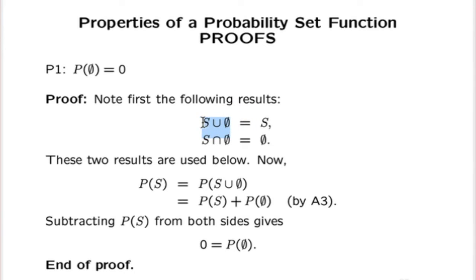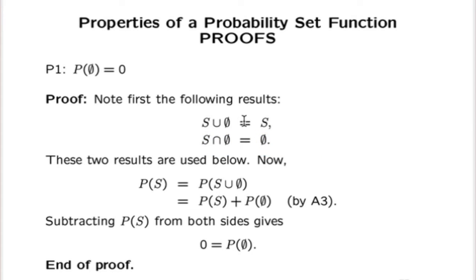The union of a set with the empty set is just that set, right? We're not combining anything with that set because this set is the empty set. And so S union the empty set is just S. And then if we think about the set of elementary outcomes that are common to both the sample space and the empty set, well, because the empty set does not contain any elementary events, the intersection there has to be the empty set.